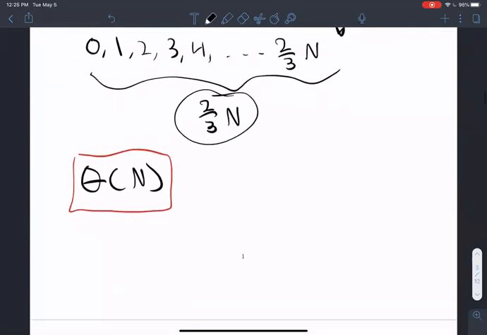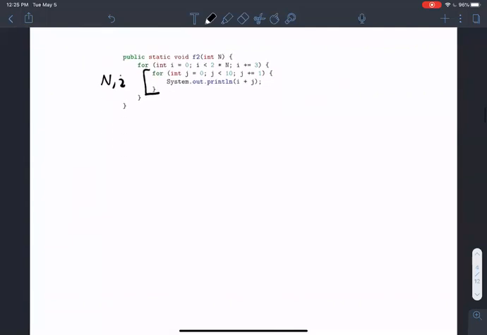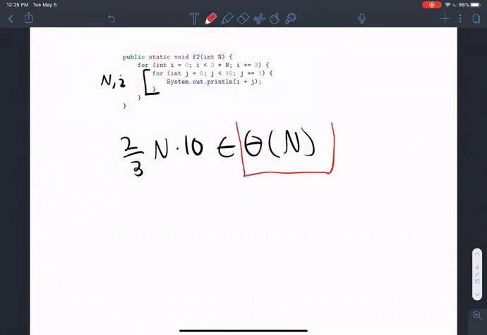It would be the 2/3 n from earlier, and then times 10 because now we're doing 10 prints each time. That's still in the same family of functions, so it's still linear. We can basically borrow our answer from earlier and not have to do any work at all.